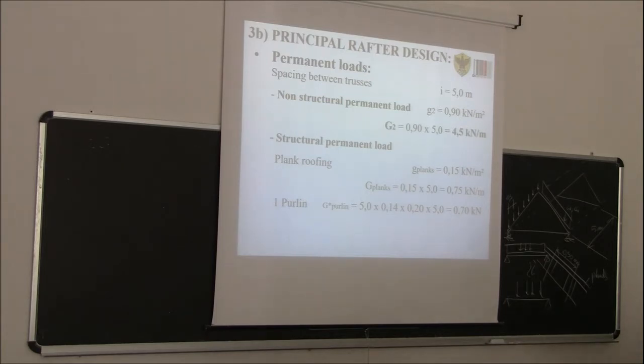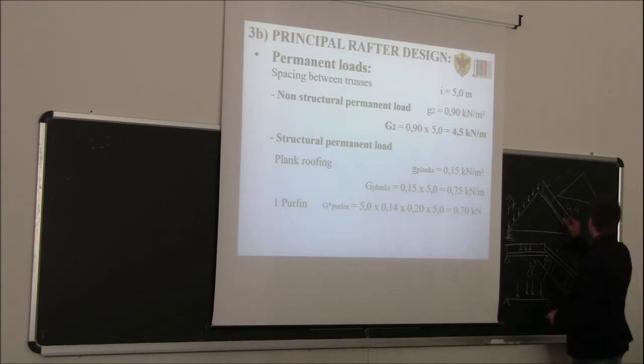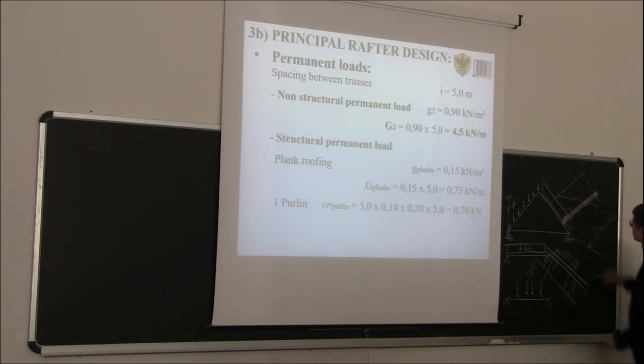Now it's a matter of calculating, if you want to transform the self weight of each purlin into an equivalent uniformly distributed load, how do we do this? Well, we see we have a spacing between the purlins which is 0.5 meter. So we could calculate the weight of one of these purlins.